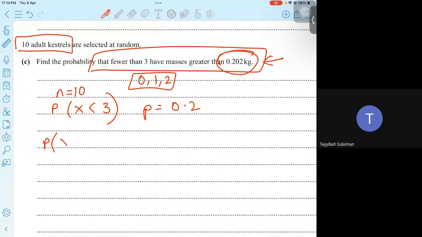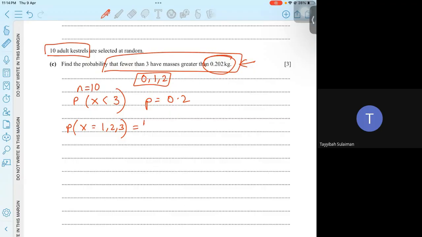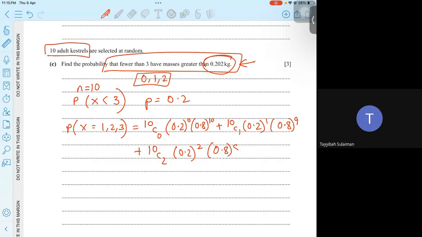So P of x less than 3 has to be 10C0, 0.2 to the 0, 0.8 to the 10, plus 10C1, 0.2 to the 1, 0.8 to the 9, plus 10C2, 0.2 to the power 2, and then 0.8 to the power 8.